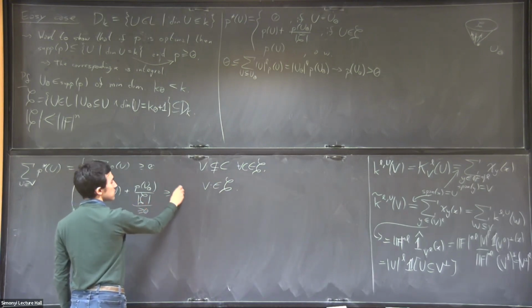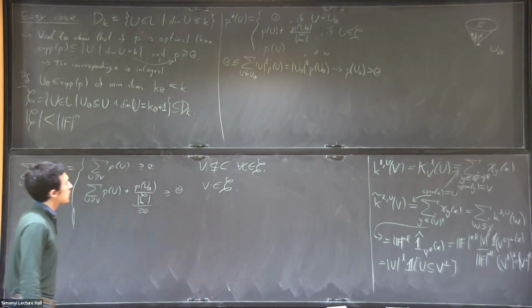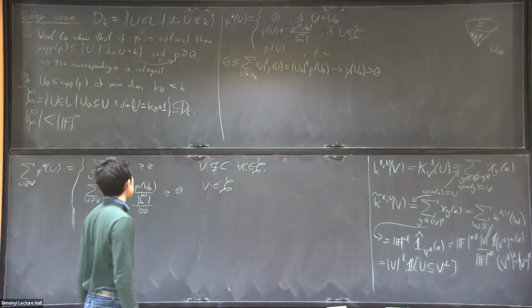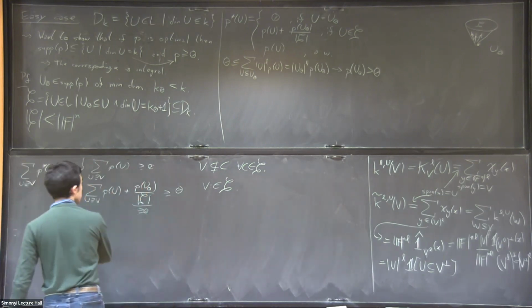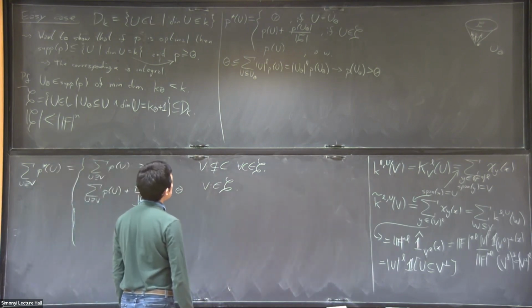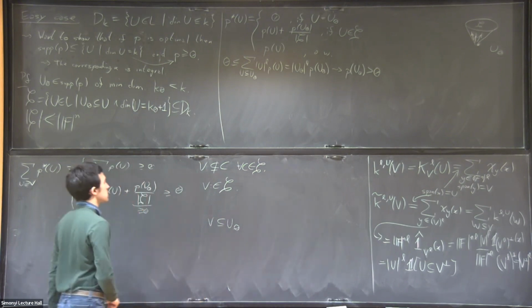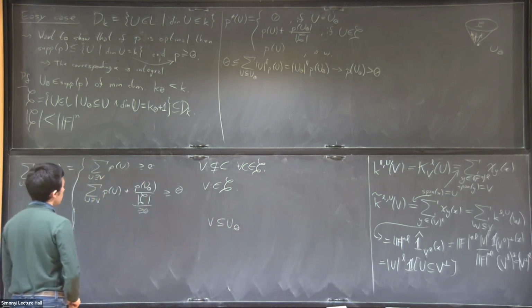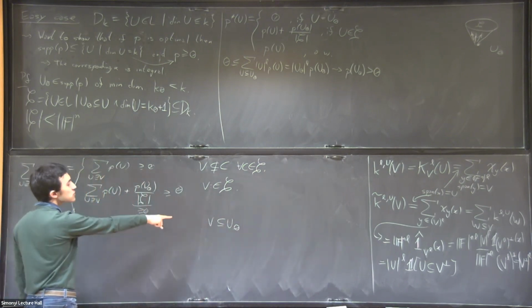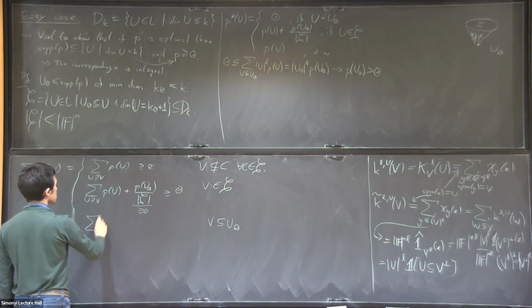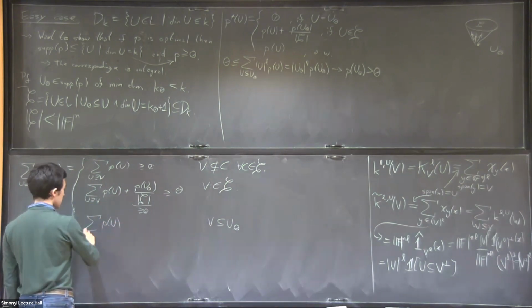This is still fine. So now we just need to see what is the case that is missing, which is probably something like V is contained in U0. Now it's easy, because once V is contained in U0, it's the same sum, right? Because now everything cancels out.